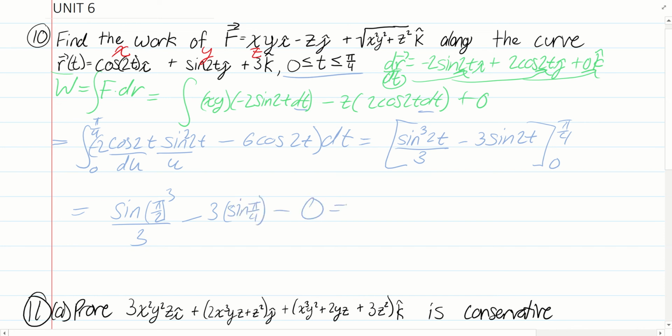Minus 0, because again, sine of 0 is 0. And then this will just be 1/3 minus 3, which then would just equal negative, can't do this math right now, 9 over 3. So we got minus 8 over 3 units of work.